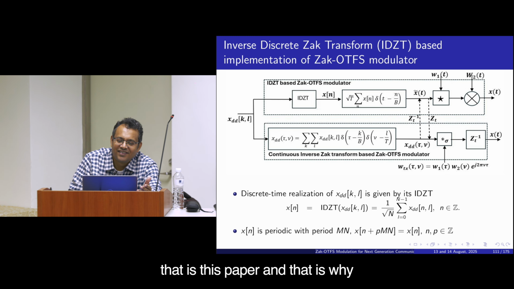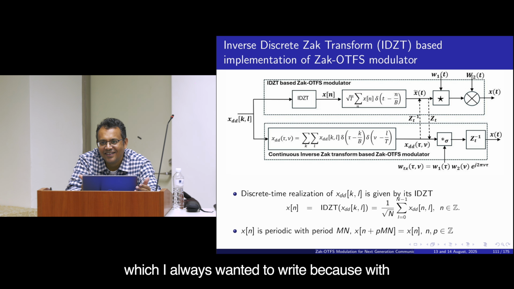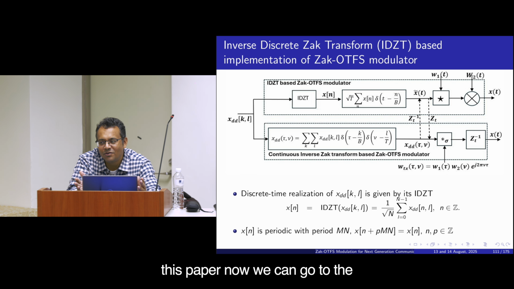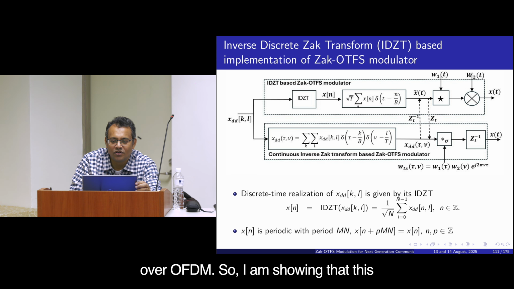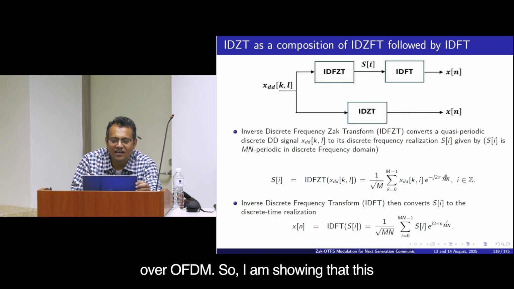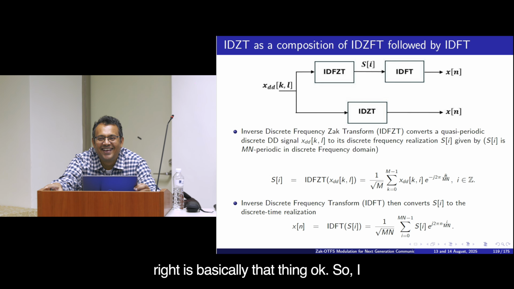That is this paper. This was a big paper which I always wanted to write, because with this paper now we can go to the standards, and so this is called ZAC OTFS over OFDM. So I am showing that this IDZT can be written as a composition of these two blocks. That is what you said. Right? It's basically that thing.